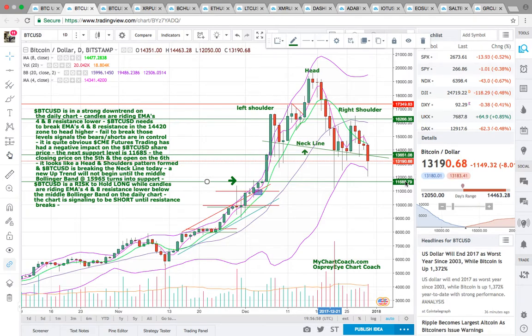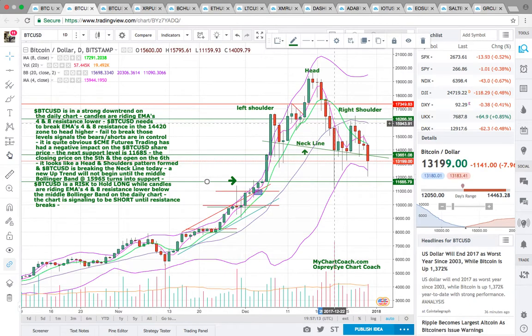And so that's why I just put out an alert saying that 11,000s are on deck, because right now this is in a bearish downtrend. What happened is that the middle Bollinger Band, which is the solid line in the middle, broke right here on the 22nd of December.